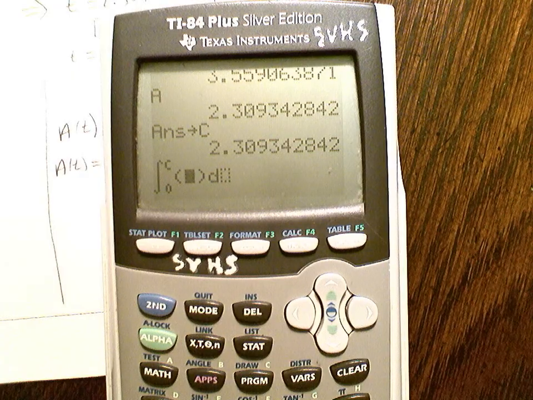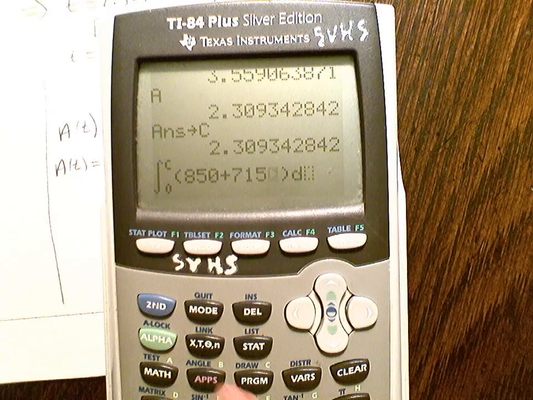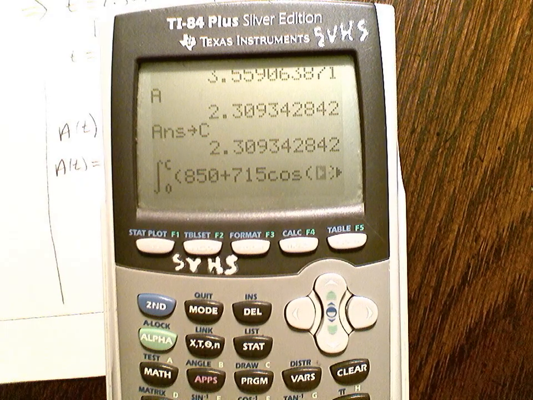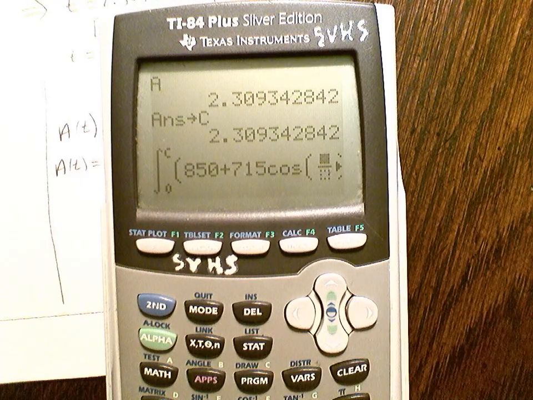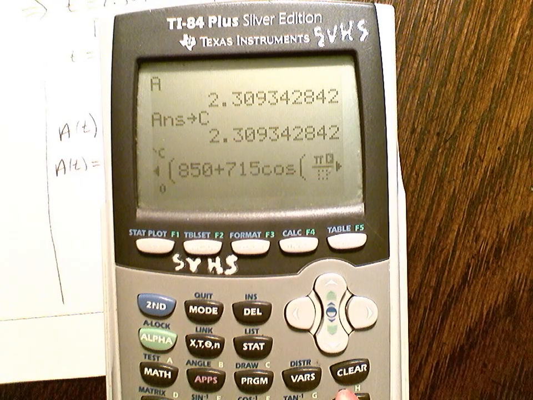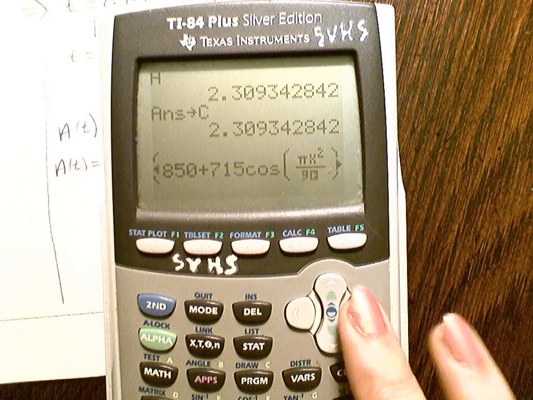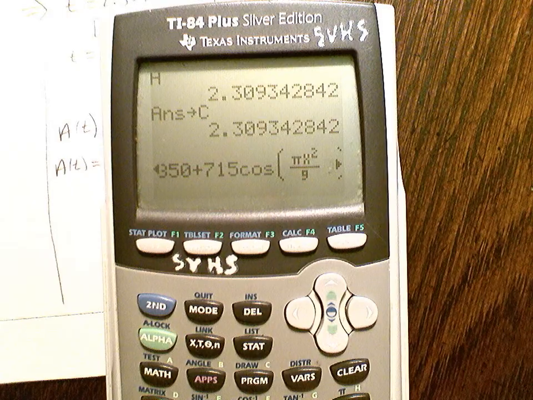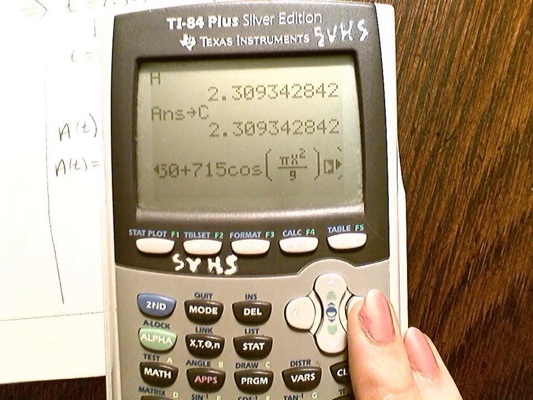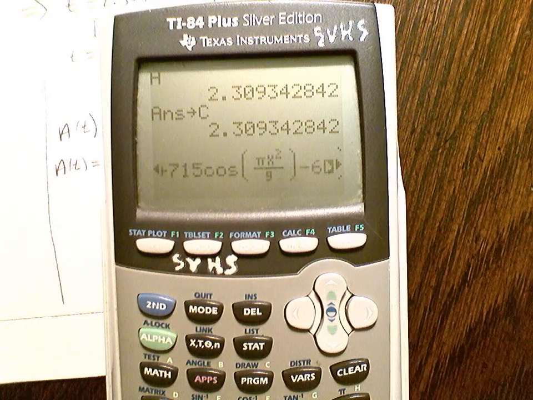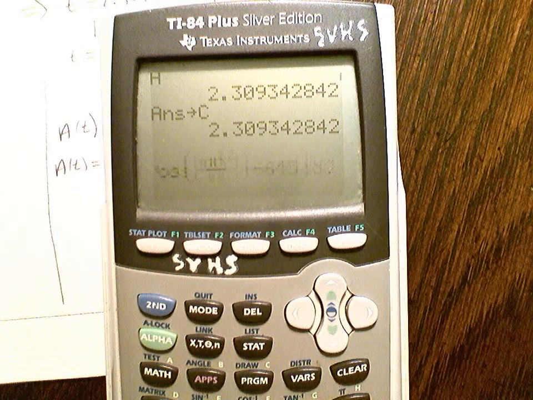And then E of w is 850 plus 715 cosine, minus 645, dx. Oh, this is so much work. I actually enjoy the work, but I just feel bad for you having to follow me.